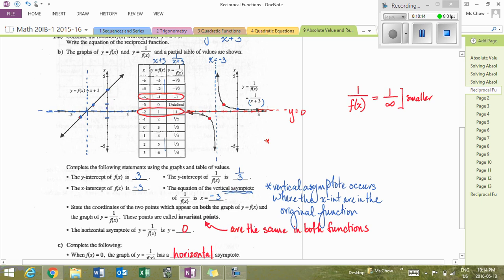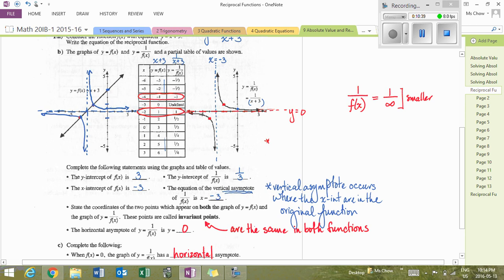So that will end up right here. Knowing all of those things, I can then put together my reciprocal function. It passes through the invariant points, passes through the y-intercept, and it never crosses the asymptotes. Okay. And there it is.